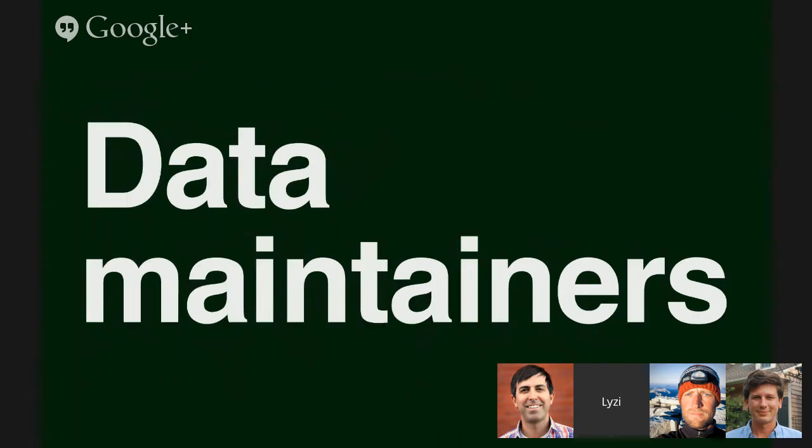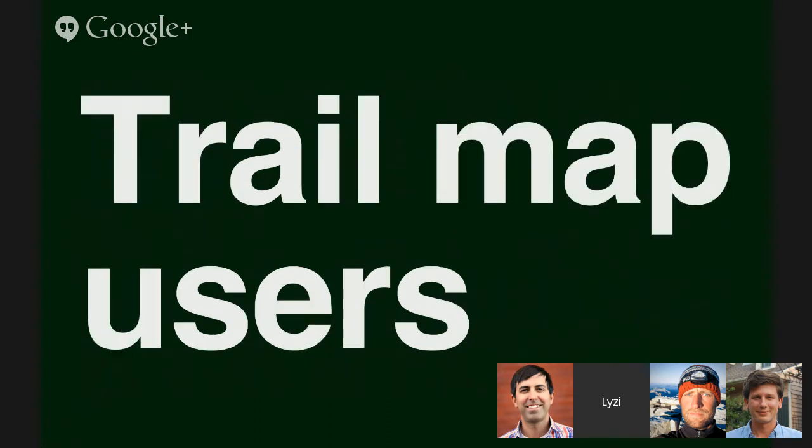This also goes for the data maintainers, the subset of people inside of park agencies who are actually touching and maintaining the data. And trail map users, the people who are actually using the data and the maps and the resulting products. Those are all people who are part of the OpenTrails community as well.